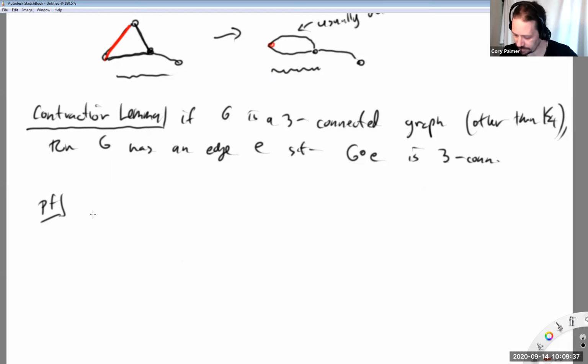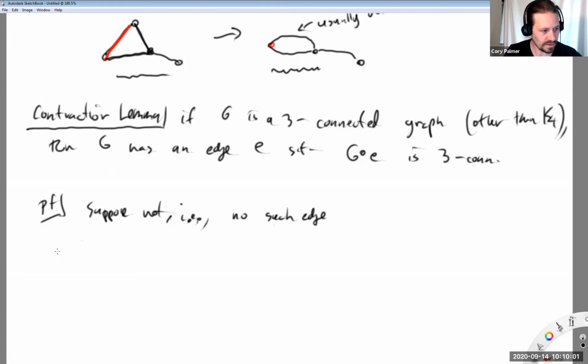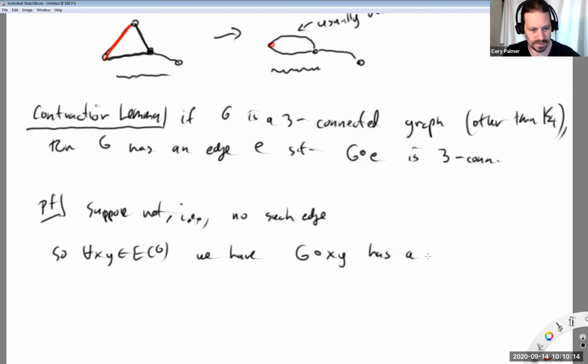Exactly. Okay, so this is by contradiction. Suppose not. In other words, every single edge contraction results in a graph that's not 3-connected. So suppose there is no such edge, which means that for every edge xy of G, the graph G contracted on xy has a set S of at most 2 vertices.